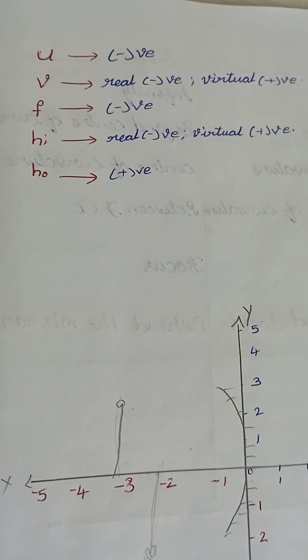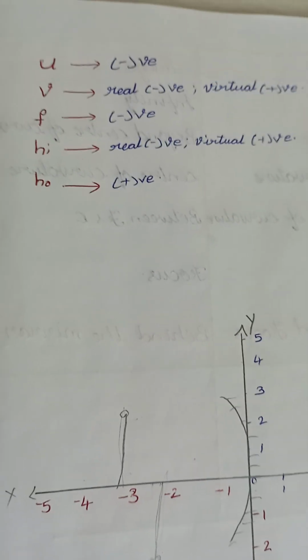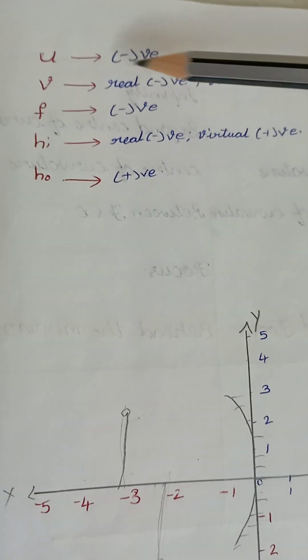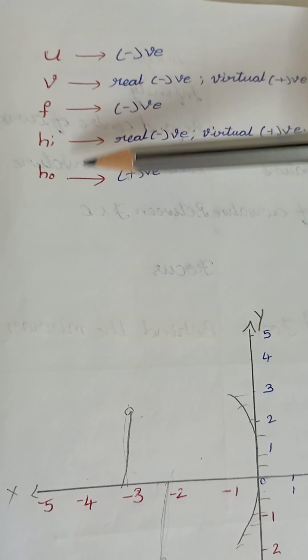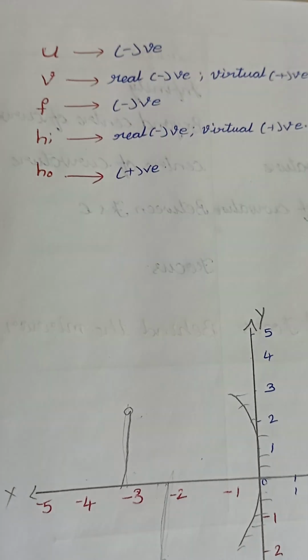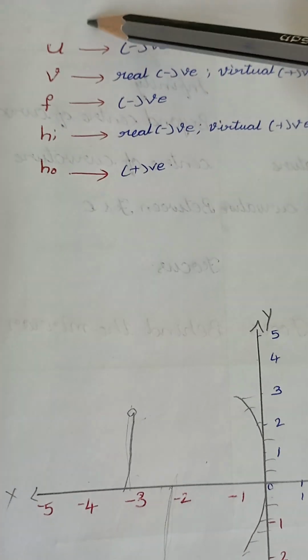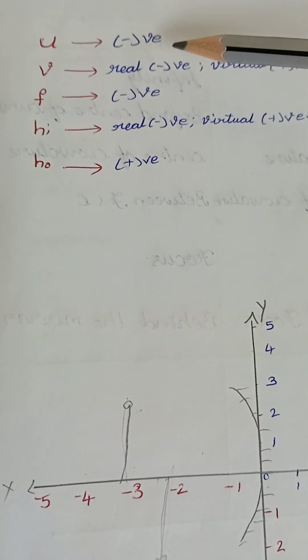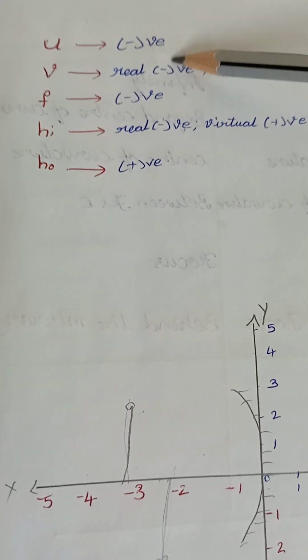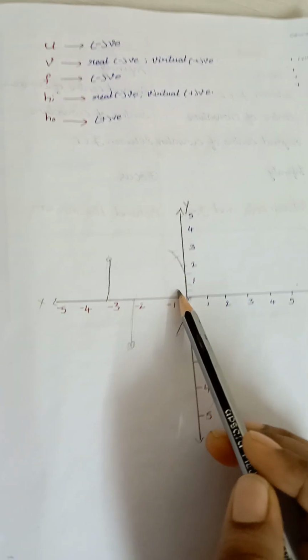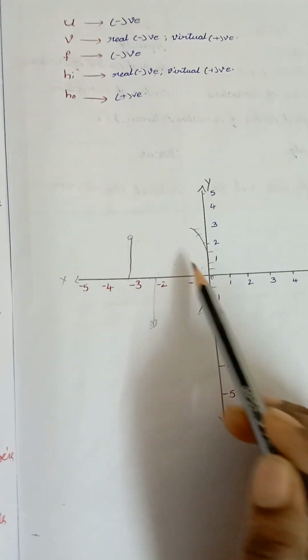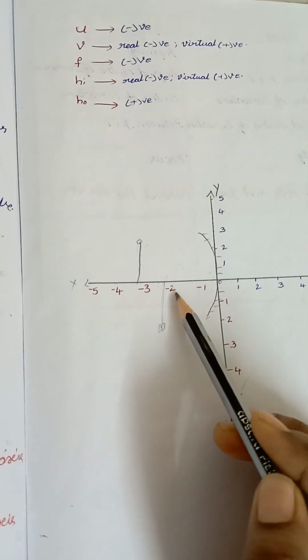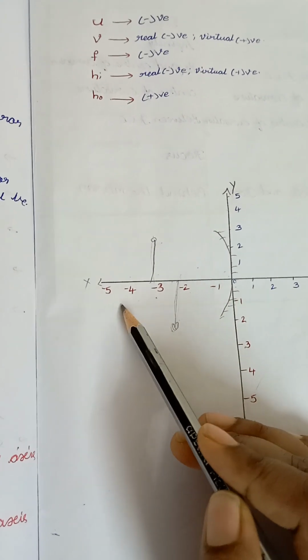More important, we need to know about the sign convention. How will be the object distance, image distance, focus, height of the image, height of the object. U means object distance. Always the object distance will be negative. Why are we taking negative? Where will we place the object? In front of the mirror. We have said that in front of the mirror all distances will be measured as negative.